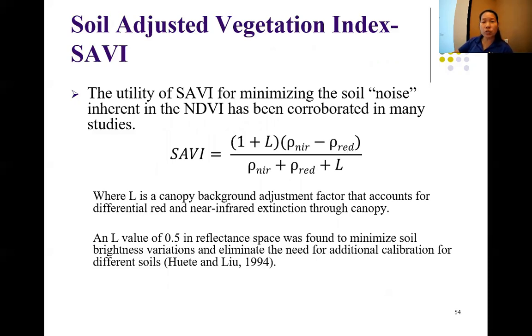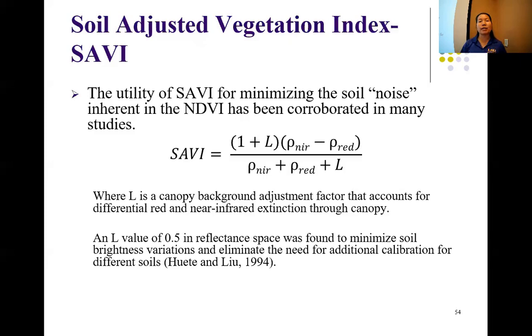And then the soil adjusted vegetation index, SAVI. As you can see from the name, remember when we talk about vegetation indices like NDVI, the background of the soil can often have an impact on the NDVI, which means that given the same vegetation status, if one is in wet soil and the other is in dry soil, that has an impact on your NDVI value and introduces errors into your data set.